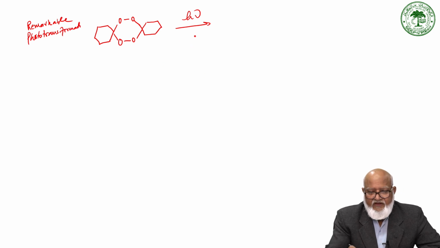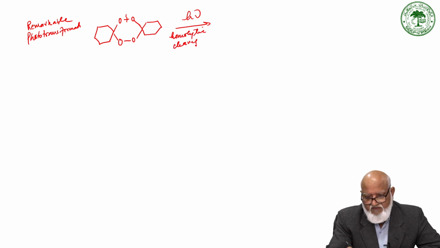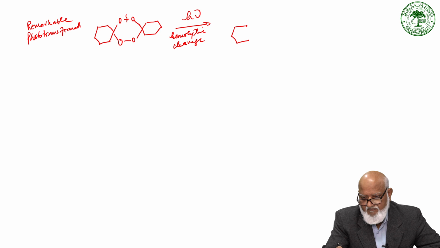So as we have seen last time, the peroxide undergoes homolytic cleavage in the presence of light to give an oxy radical, O dot.